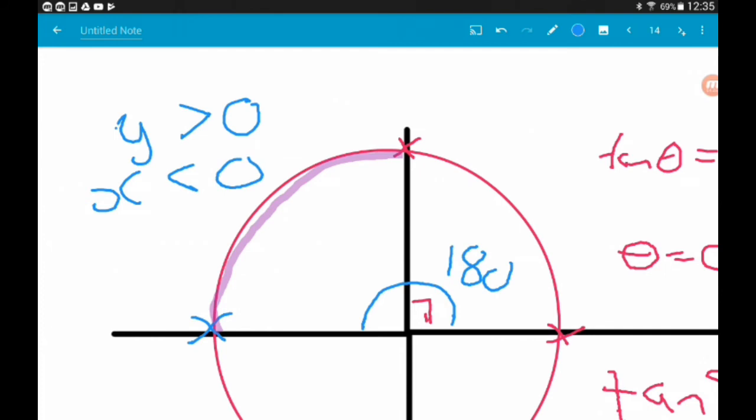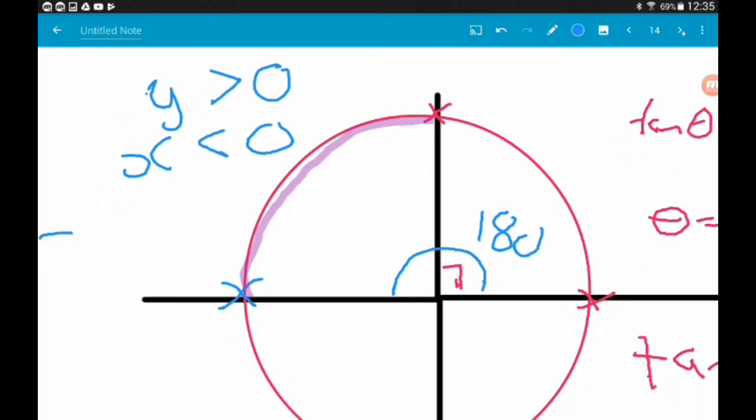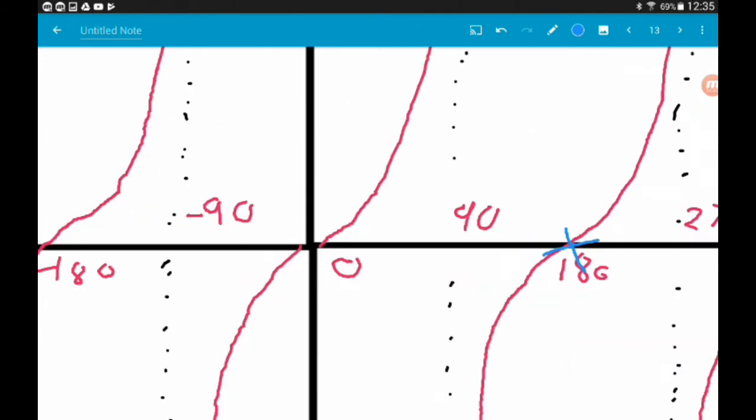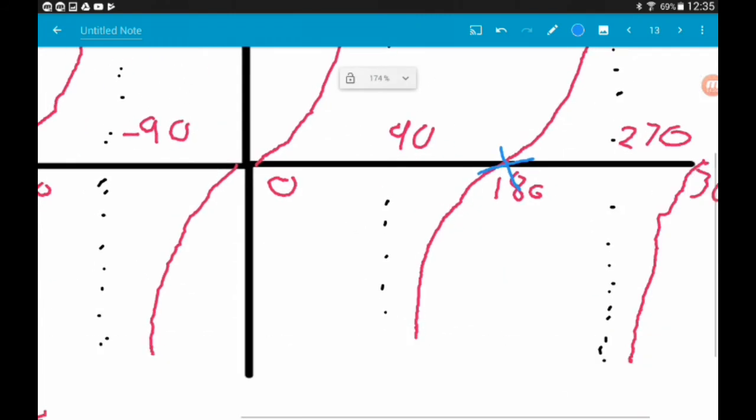So we are doing a positive value of y divided by a negative value of x. Therefore y over x is going to be less than 0, negative. So that's why we get this negative part of the graph, because we are doing a positive y divided by a negative x.